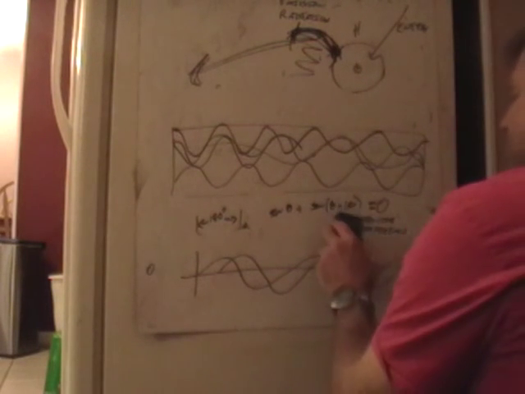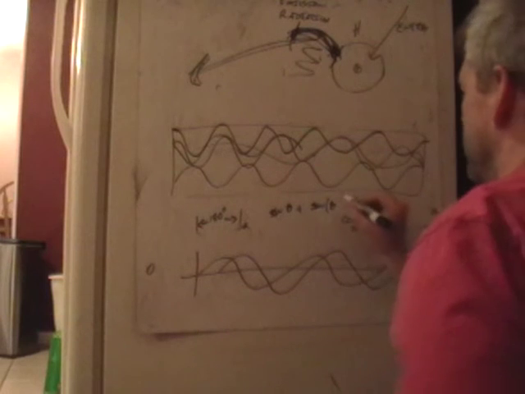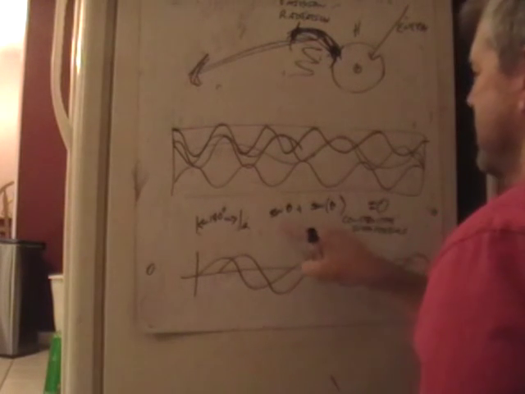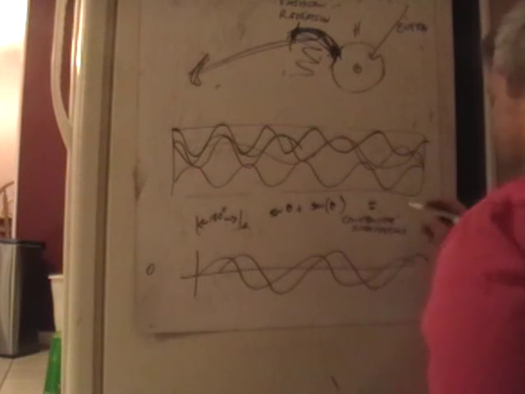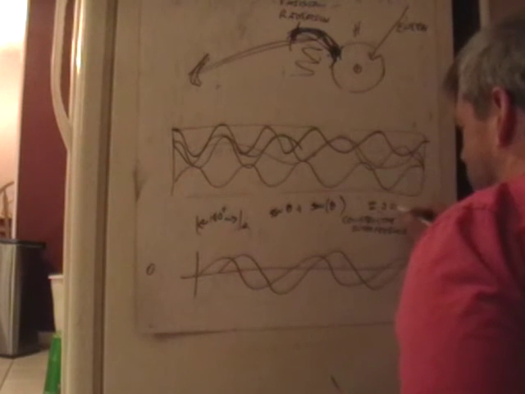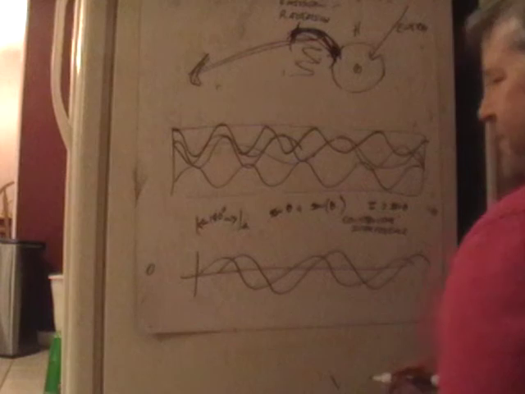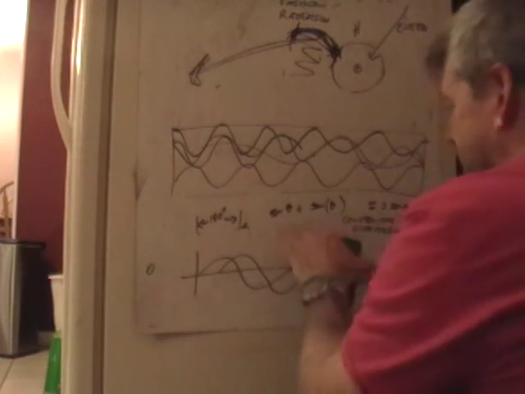If I take sine of theta plus sine of theta, then my output is 2 sine of theta, if they're perfectly in phase.